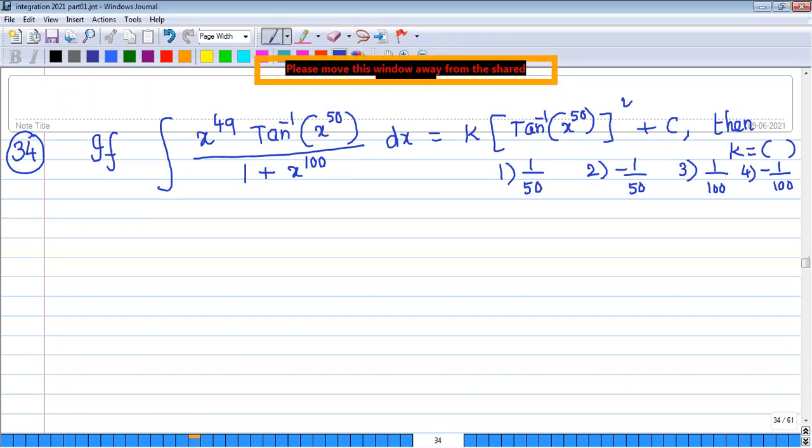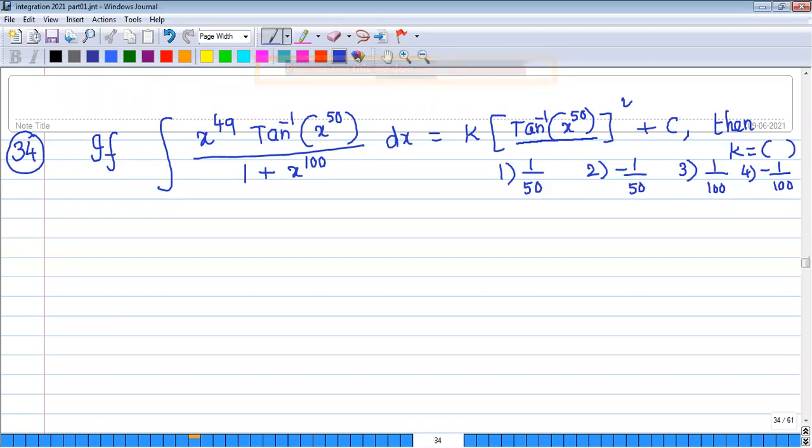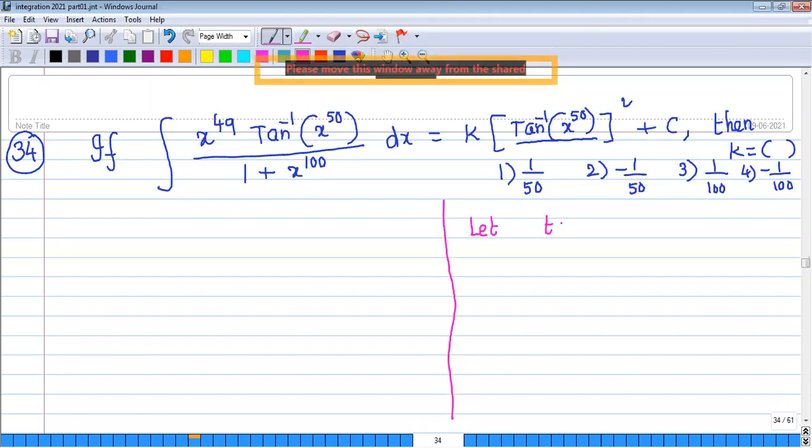So the given integral is put in the form of k times tan inverse x to the power of 50 whole square. So it is easy to guess that this tan inverse x to the power of 50 should be t. Let us say t is equal to tan inverse of x to the power of 50. Find dt by dx.